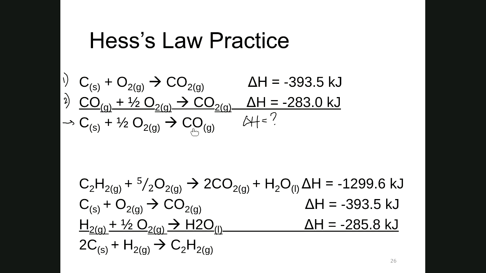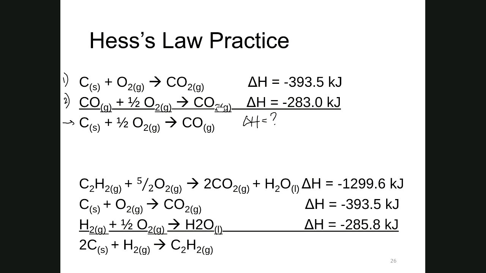And then that finishes step number one. So we have carbon as a reactant, we have oxygen as a reactant, so we're good to go there. Now we move on to step two, which is to look at our product. Our product here is carbon monoxide gas. Do we see carbon monoxide as a product in one of our smaller reactions?